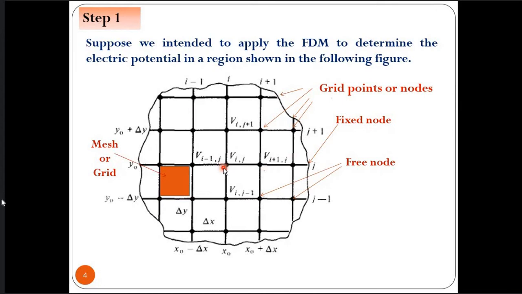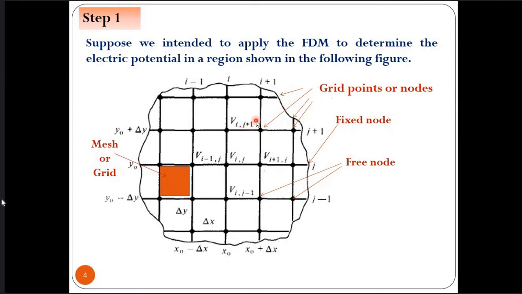Similarly, on the left-hand side, at minus del x distance, the potential is represented by Vi minus 1, j. That is along the x-axis: Vi,j, Vi plus 1,j, Vi minus 1,j. In the same fashion, if we move along the y-axis, it will be Vi,j plus 1.